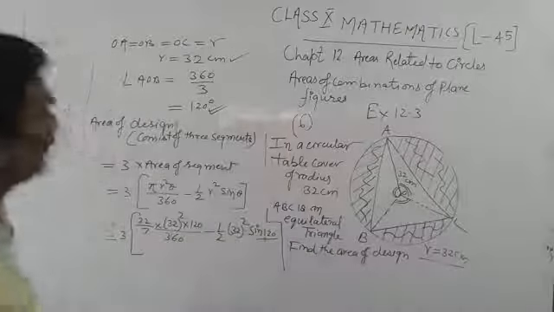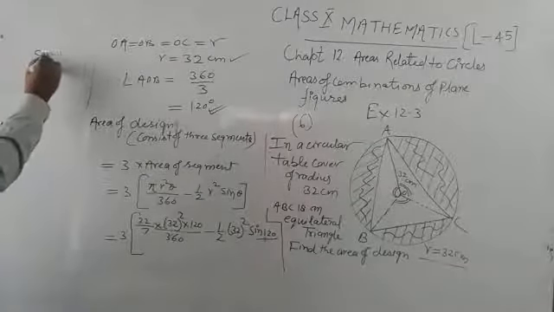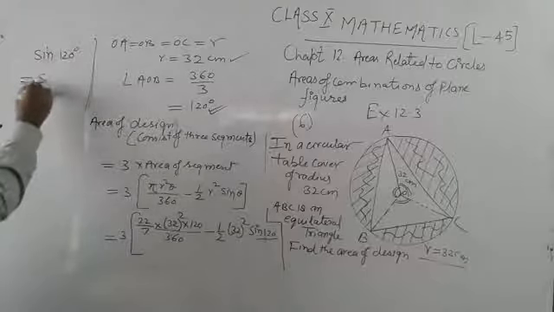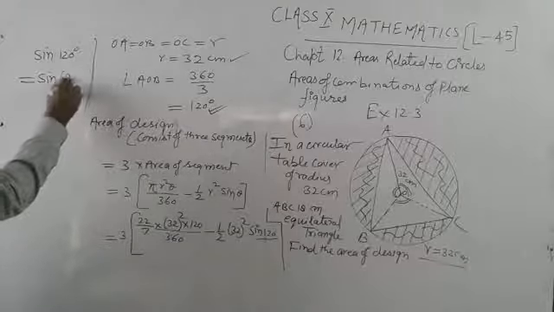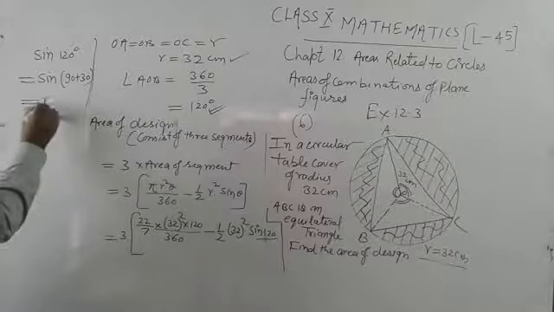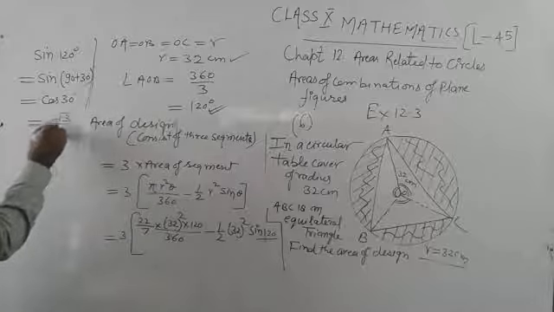So students, the value of sin 120 degree is, you can express it as sin 90 plus 30, and this can be written as cos 30, and the value of cos 30 is nothing but root 3 upon 2.